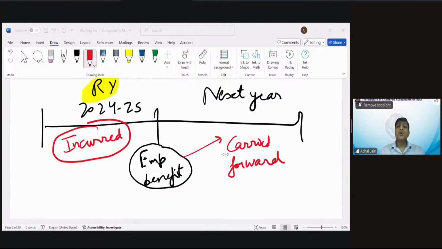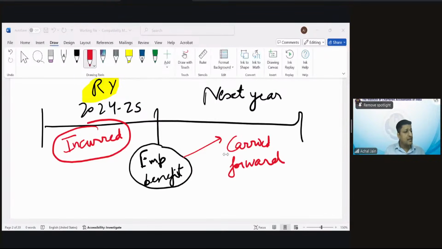The important point for you to understand is what is the policy of the company, and accordingly, you will decide the accounting treatment of such employee benefit. Clear, everyone? With this, we are through with the short-term employee benefits.